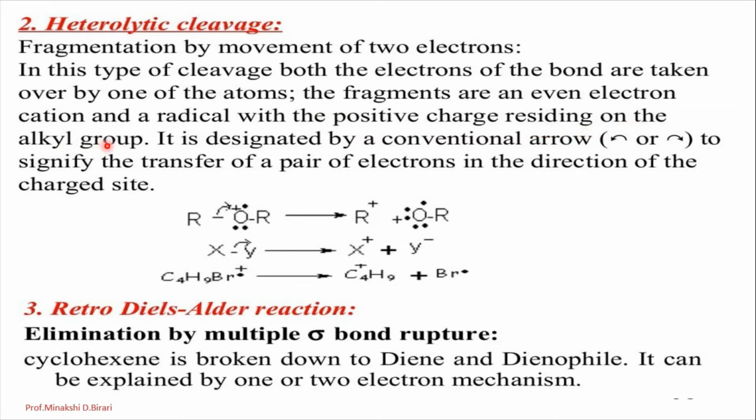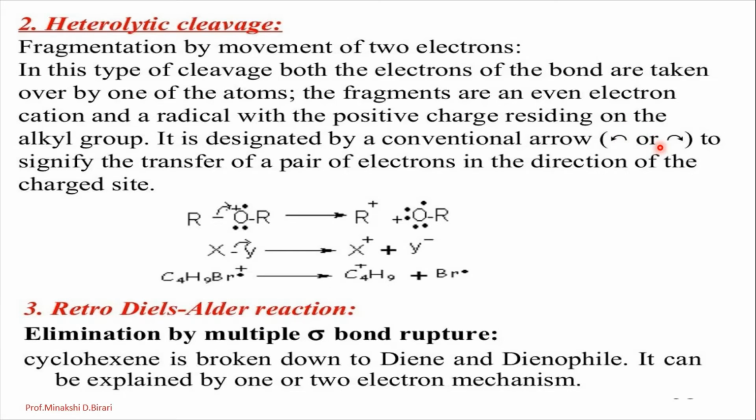It is designated by a conventional arrow. Such arrows can be used to represent the heterolytic cleavage, to signify the transfer of a pair of electrons in the direction of the charge side.